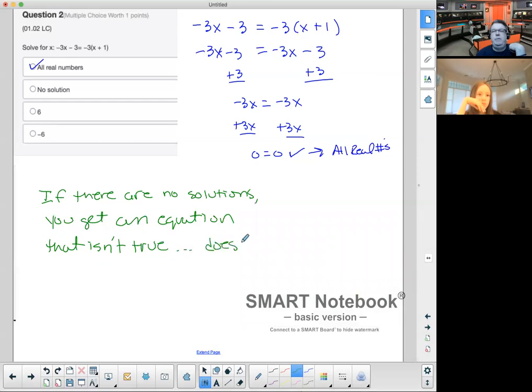Like, you're working down and you get 2 equals 3, just two numbers that are not equal. Negative 7 equals 12. Okay, that means there's no solutions. But if you get something where they are equal, then it means all real numbers. Is that okay? Okay.